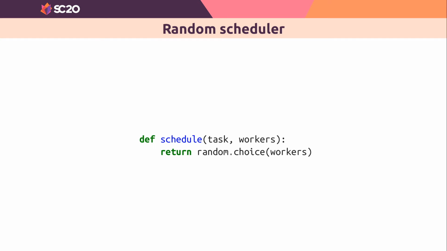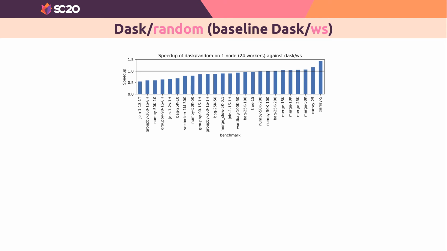We have therefore decided to try to plug in a completely random scheduler. Its performance does not depend on the number of workers, and it should have much lower computational overhead than workstealing. But we also expect that it will perform much worse, because the built-in Dask scheduler has been extensively hand-tuned for a long time.